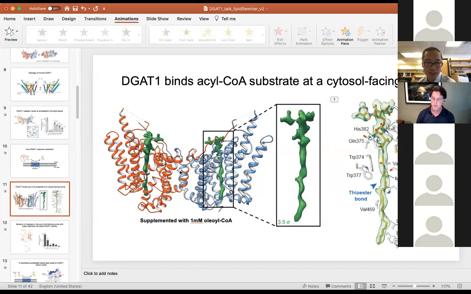So I don't think that's the case, to be honest. I think this is the only conformation it can have to perform the function, and I don't think this large conformational change is real. Yes.